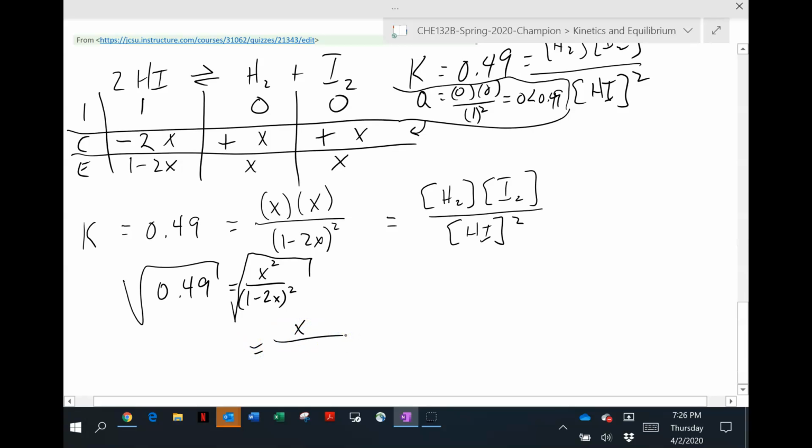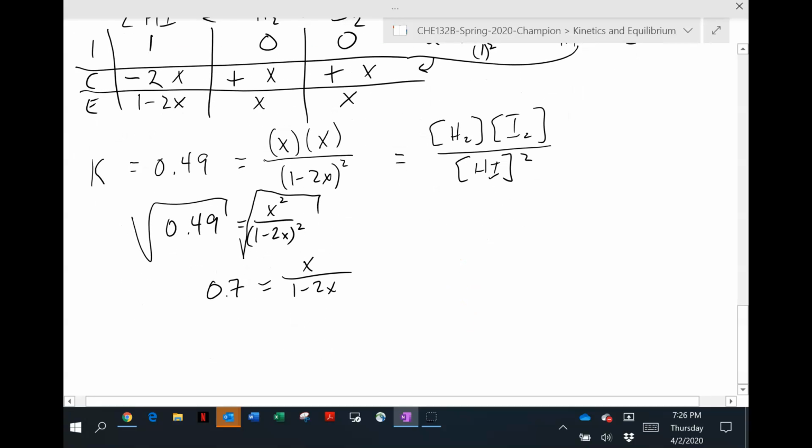The square root of 1 minus 2x quantity squared is 1 minus 2x, so that simplifies quite a bit. The square root of 0.49 is 0.7. Okay, so now we've got a much simpler equation where x is only in the first power. So we cross multiply. 0.7 times 1 minus 2x is equal to x.